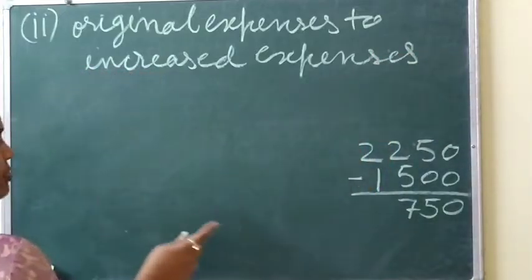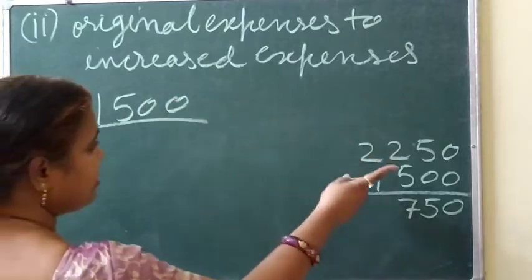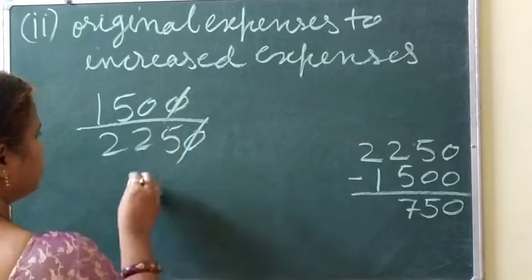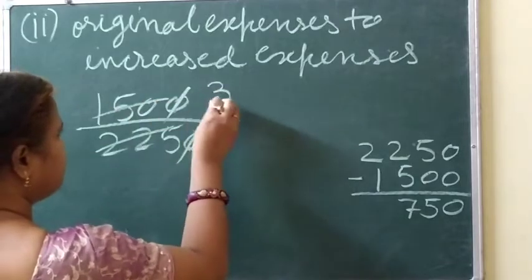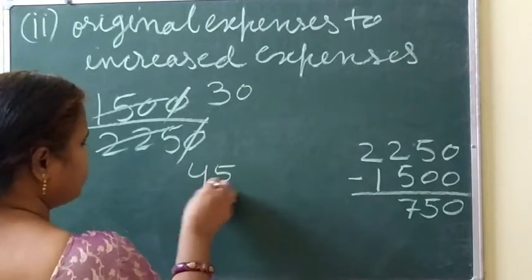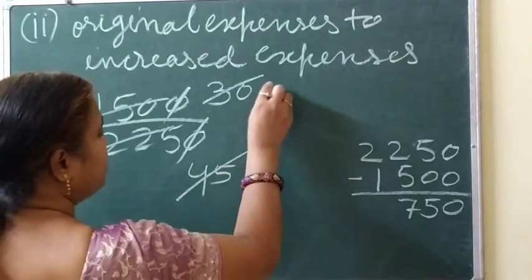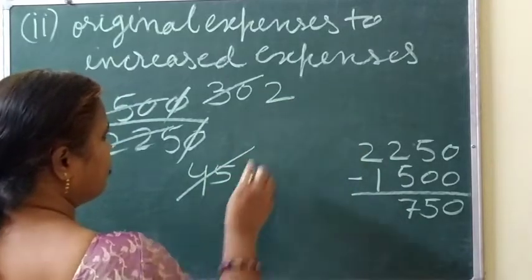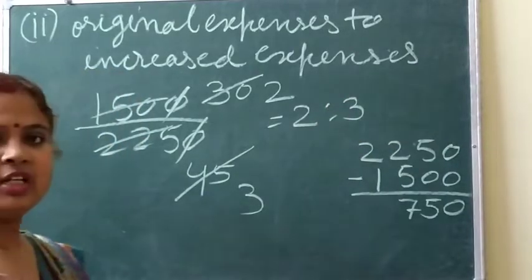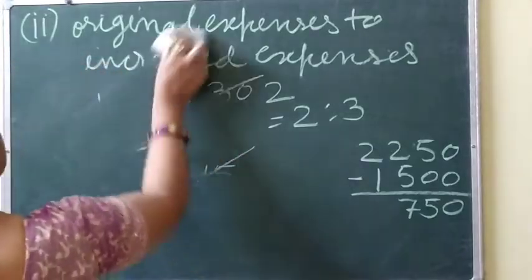Clear? So original expense is 1500 and increased expense is 2250. So 0, 0 cancel. Then 5 3s are 15, 5 4s are 20, 5 5s are 25. Then 15 2s are 30 and 15 3s are 45. So the answer will be 2:3.